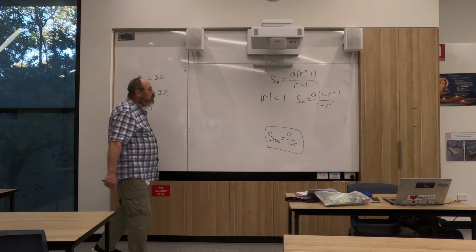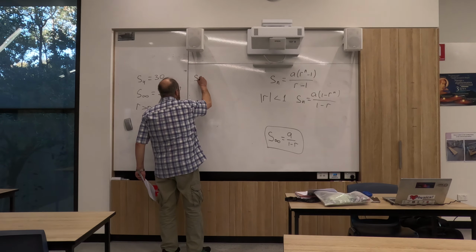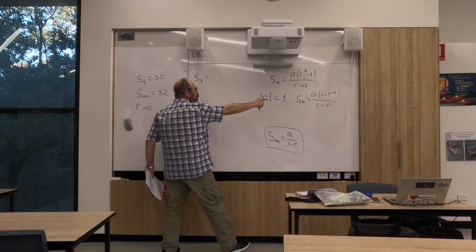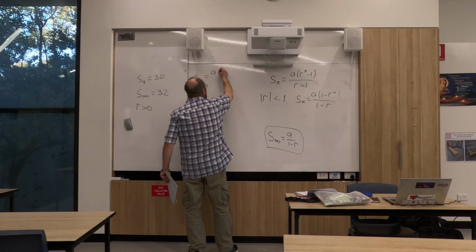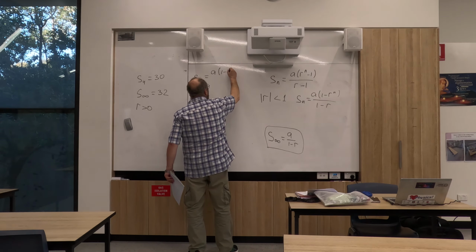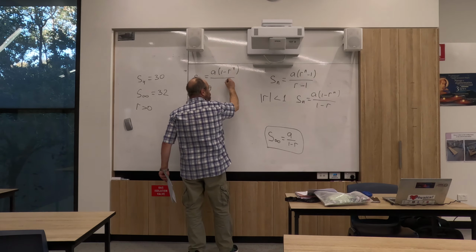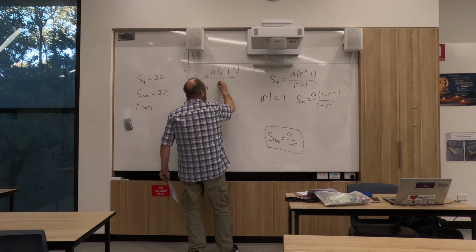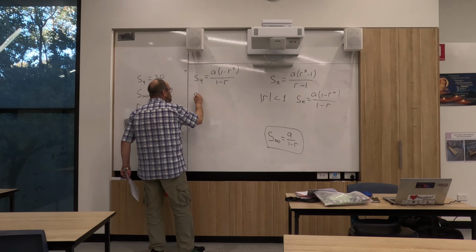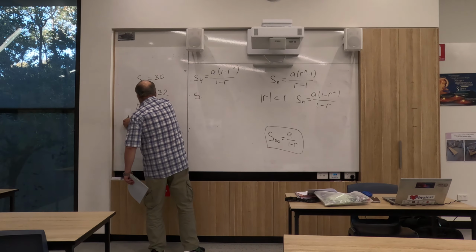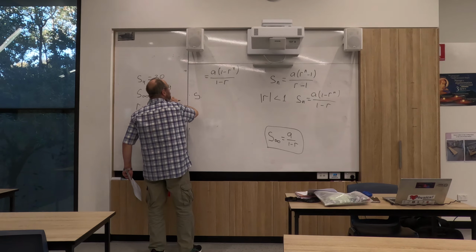So we can write S4 equals a, the first term which we don't know yet, times 1 minus r to the power of 4, over 1 minus r, and that's equal to 13.